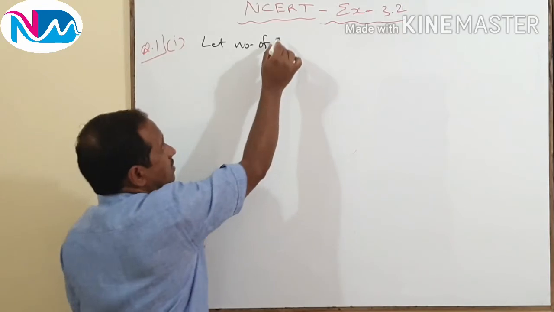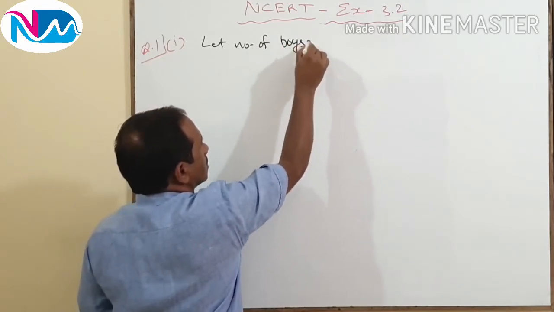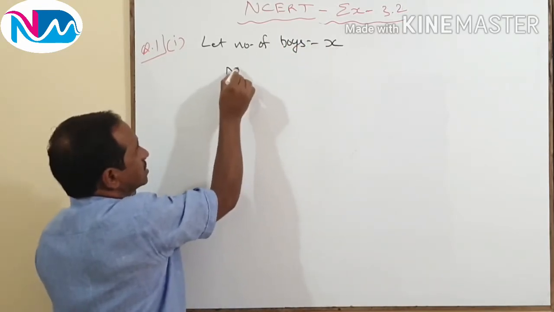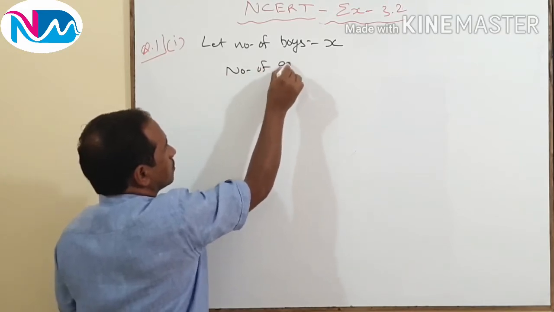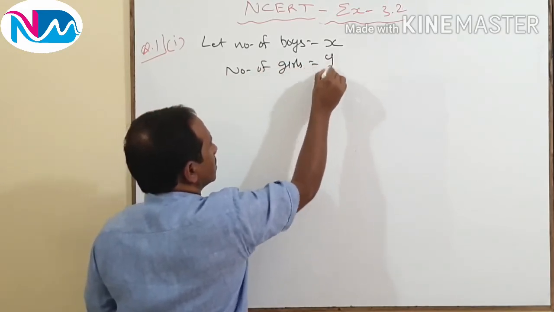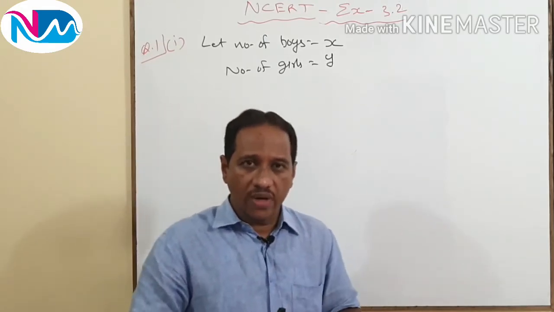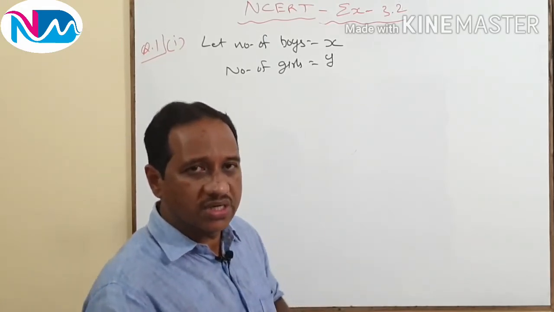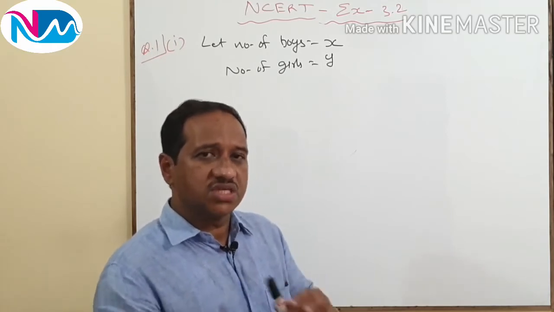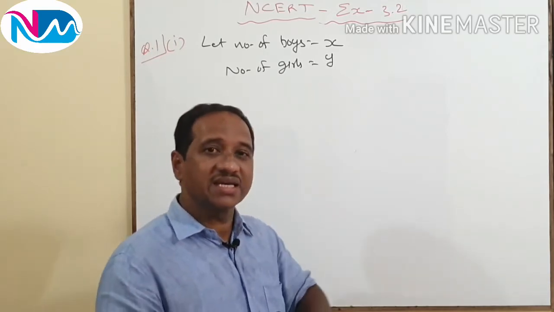Let number of boys is equal to x and number of girls is equal to y.